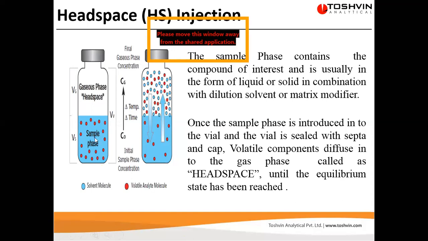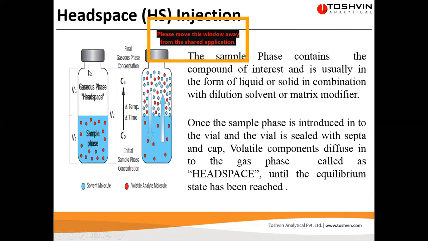Whatever volatiles are present in my sample, only that will come into vapor form, and I'll be injecting only that. So any non-volatile component or unwanted matrix will not get injected onto my column. The other advantage is that my injector and column will be clean. It won't get contaminated, because ultimately I'm only injecting the vapor of it.